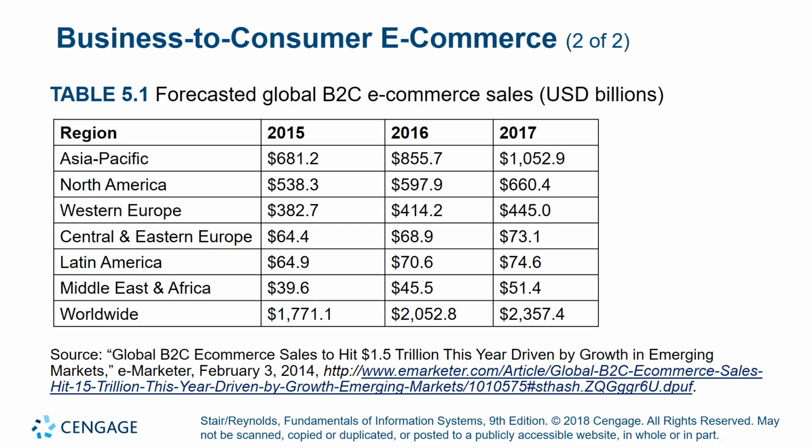So these numbers are obviously old already. But this is business to consumer sales and what the forecast is. And if we notice, it goes up and it scales up incrementally. So the amount of dollars in here, this is why Jeff Bezos, does everybody know who Jeff Bezos is?